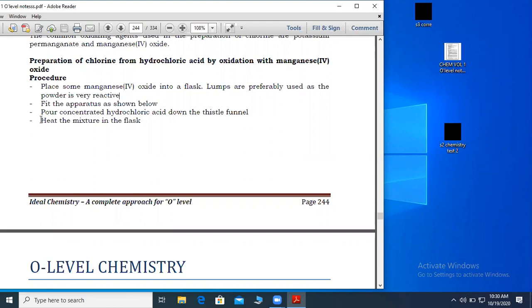And the acid should be concentrated hydrochloric acid. In preparation of chlorine, hydrochloric acid must always be concentrated. I repeat, in the preparation of chlorine, hydrochloric acid must always be concentrated.